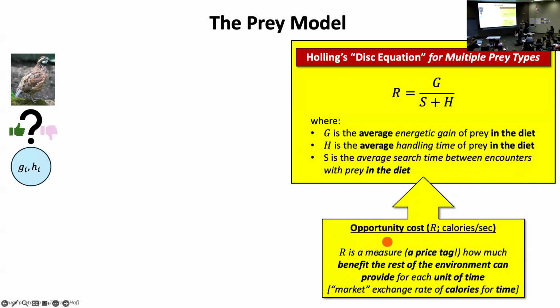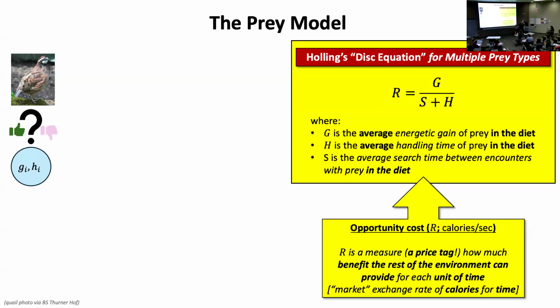It's a measure, a price tag, of how much benefit the rest of the environment that I'm not in right now could give me if I just went back into search. It's the kind of exchange rate of calories for time in the market. It's like I'm in one store in this patch, or considering this prey item, and I'm saying, is this prey item worth it for me?